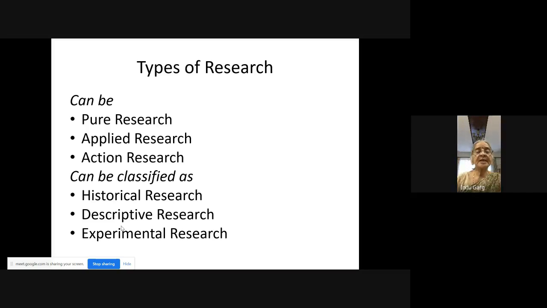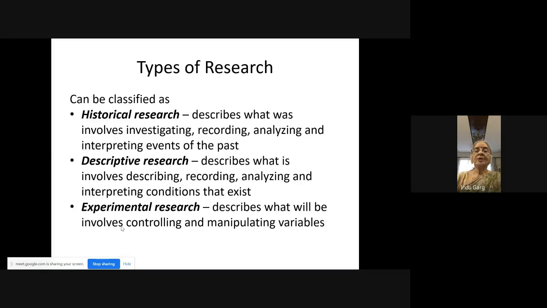Okay, so these are the types which I have taken for making you understand the different types of research that are there. First I will explain the historical, descriptive, and experimental research, and then we'll move on to pure, applied and action research. And action research is what I will talk to you a little bit more about. Okay, so just the next slide.